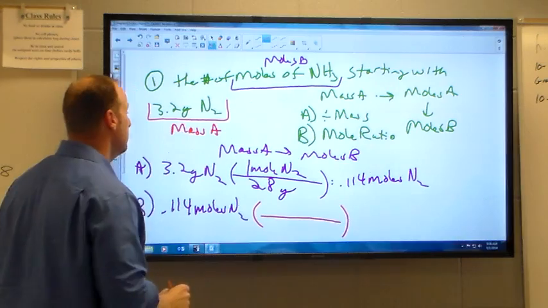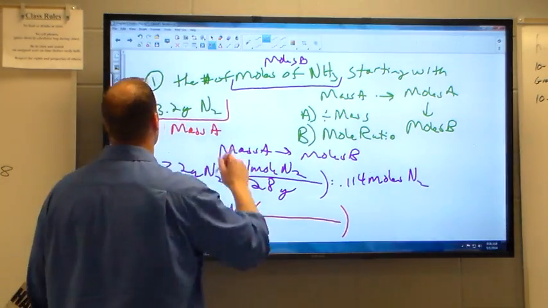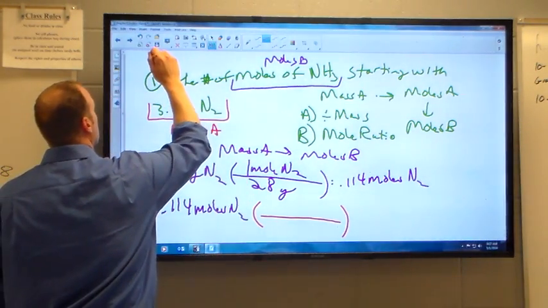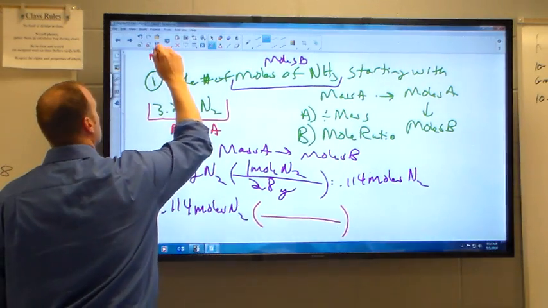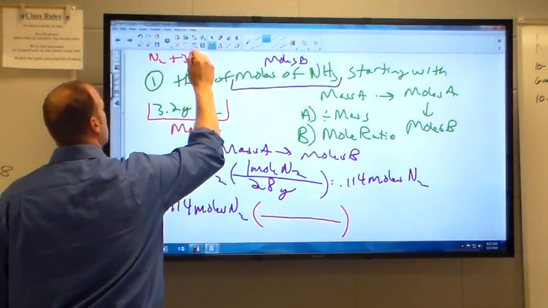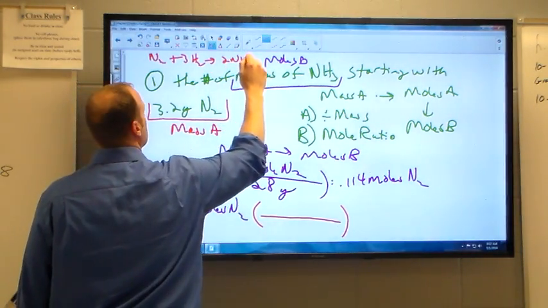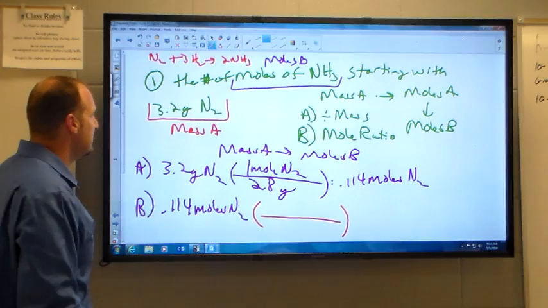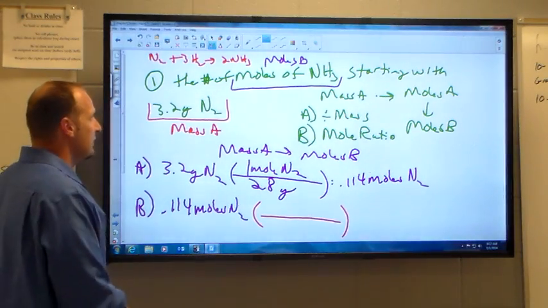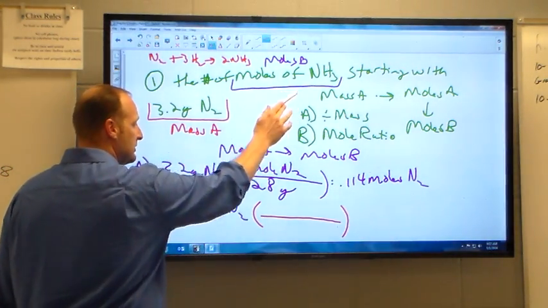So the recipe, you got to know our equation. Our equation is, remember, N2 plus 3H2 gives me 2NH3. So my recipe calls for, stay with me here, I want to go to moles of NH3.